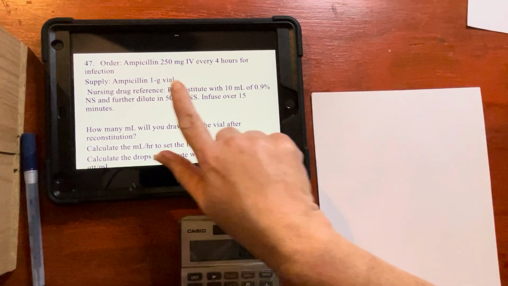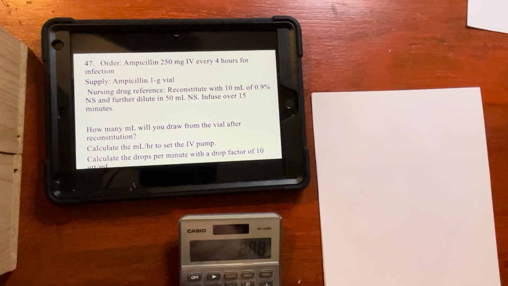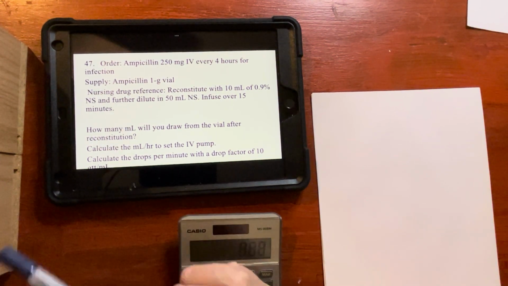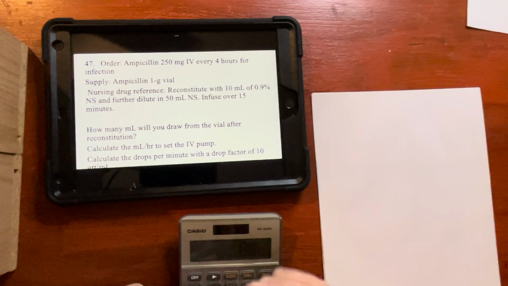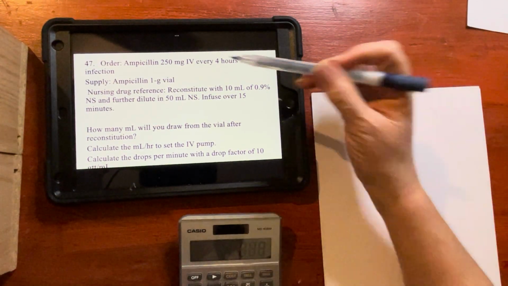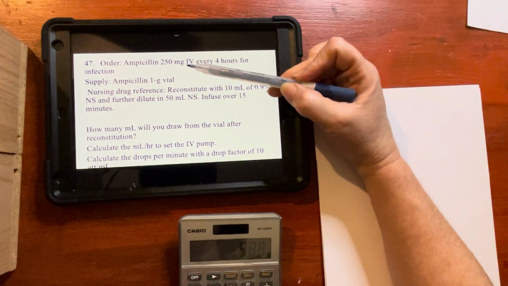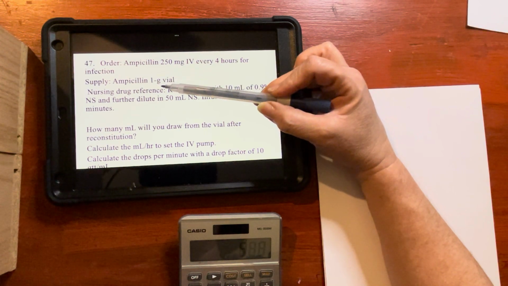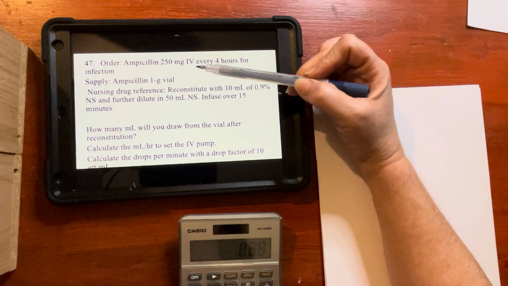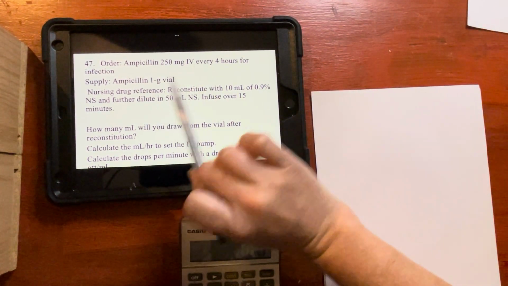Let's do another one. Ampicillin, 250 milligrams, IV, every 4 hours for infection. The supply is ampicillin, a 1 gram vial, out the gate. Look, you see that's milligrams, and we have a gram vial. So, okay, we're going to have to convert.